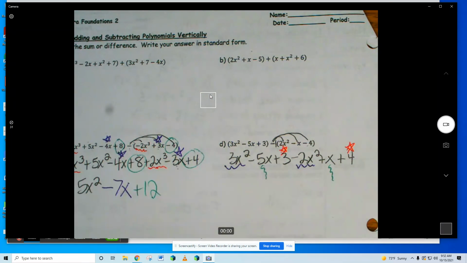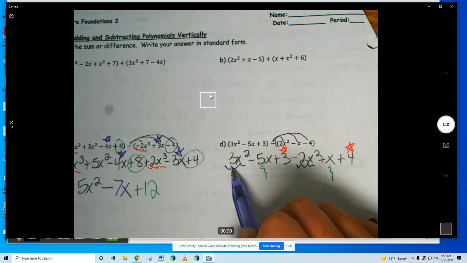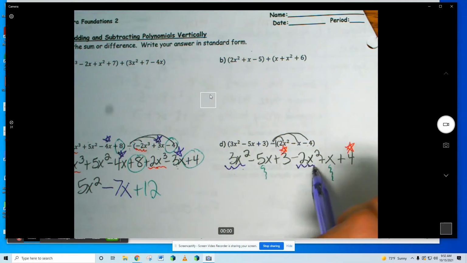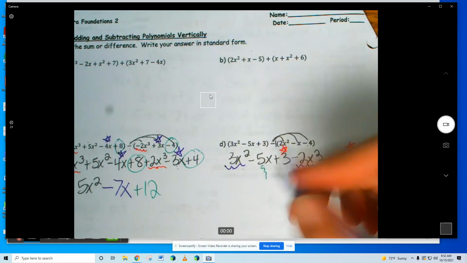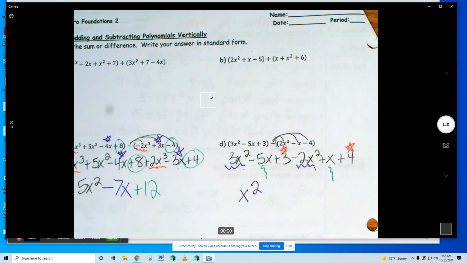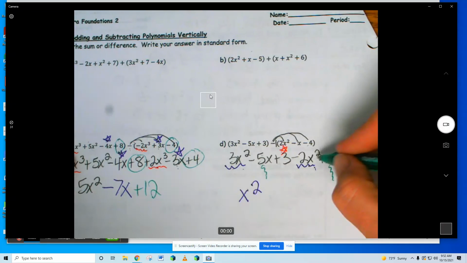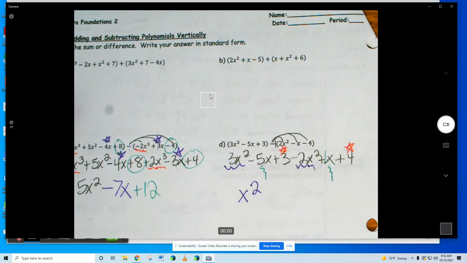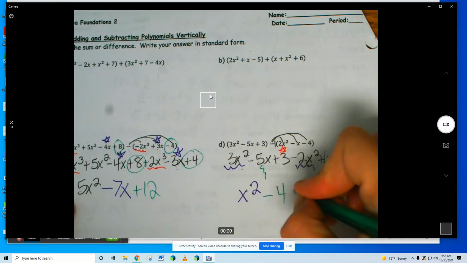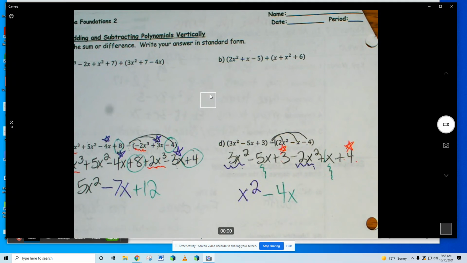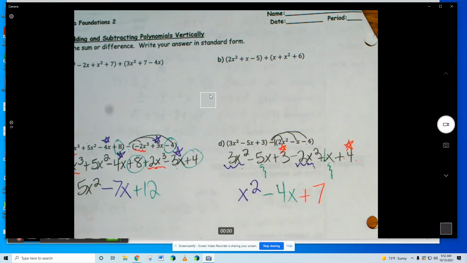And purple goes first because that's the biggest exponent. 3x squared minus 2x squared. Keep the rolly backpack the same. How many x squareds? Next, go x to the power of 1, the green. Negative 5 plus 1. Negative 4x. Red star. 3 plus 4. And you're done.